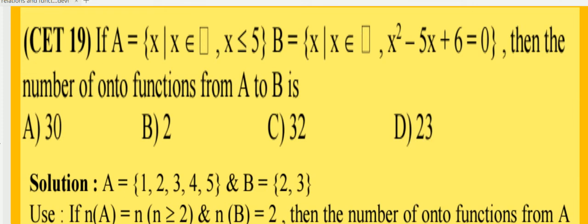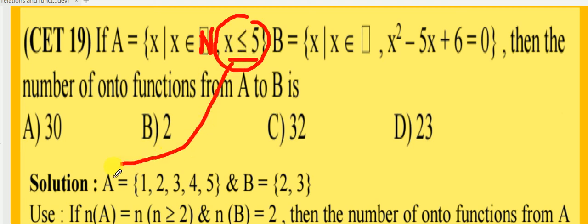Here is another question from CET which appeared last year. If A is the set of all x such that x belongs to N and x is less than or equal to 5, I have to consider all natural numbers up to 5.